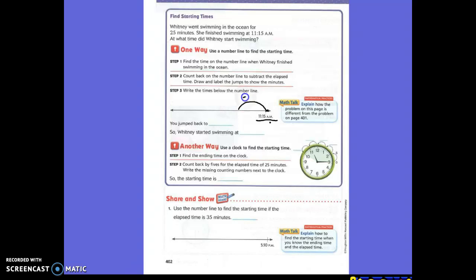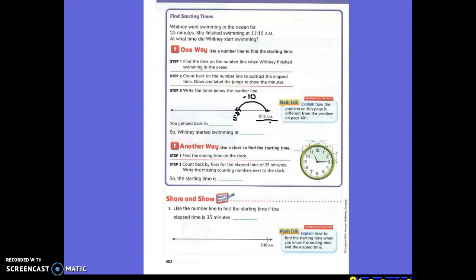Tens. Okay, so you put minus 10 this time, not add 10. What is 10 less than 15? 5. So what time would it be? 11:05.